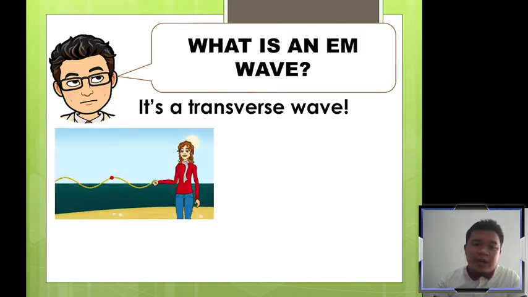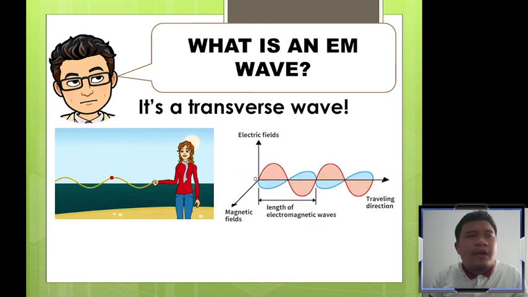You tie one end of the rope on one end, and then you set its motion up and down, and you will notice that this vibration oscillates in the direction perpendicular to the motion of the production of this wave. And we know that in molecular level, the ones that are vibrating are your atoms.